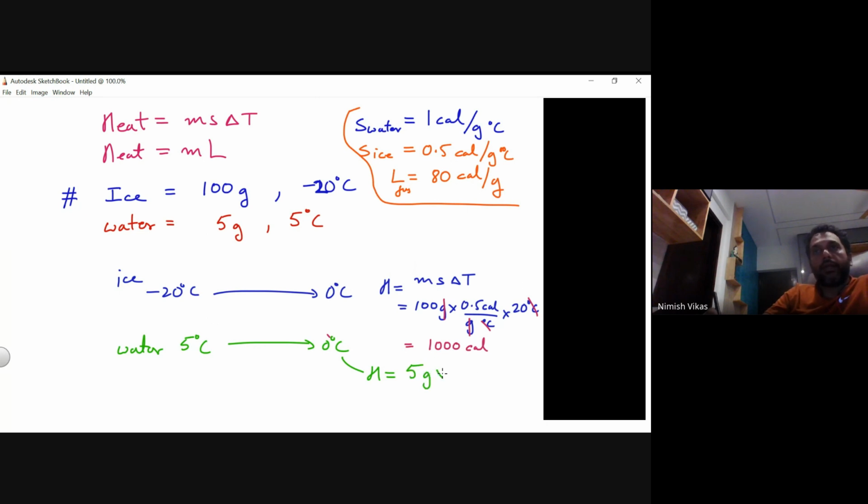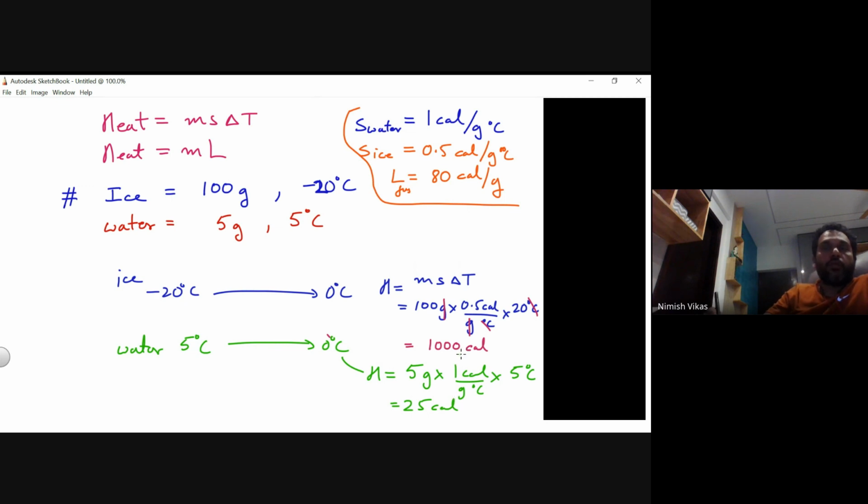The mass was 5 grams into 1 calorie per gram per degree Celsius into what is the change of temperature? 5 to 0, which is 5 degrees Celsius. Is that clear? So which is 25 calories, right? Which is too less, right? Hardly anything to give. Is that clear?